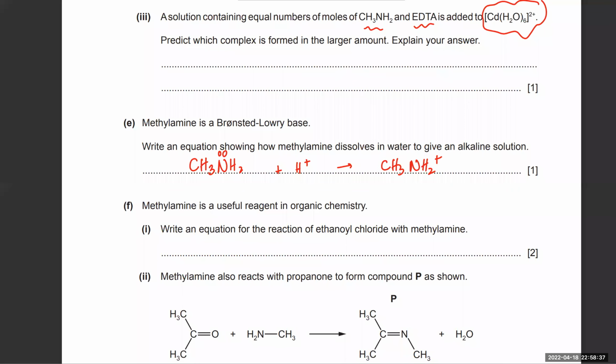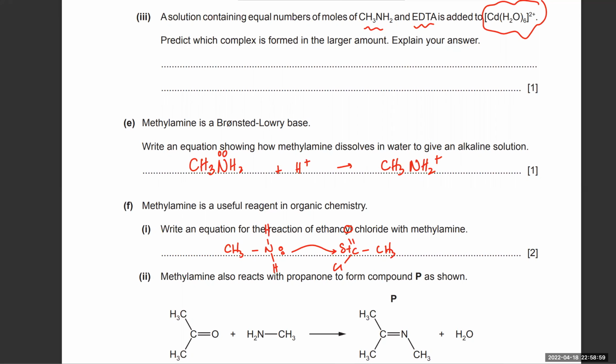So this is what's going to happen if you have methylamine, CH3NH2, and N has lone pairs, and you've got an ethanoyl chloride, so that's CC double bond O and Cl. So the carbon is really strongly positive. So these lone pairs are going to get attracted to this carbon, which is strongly positive.